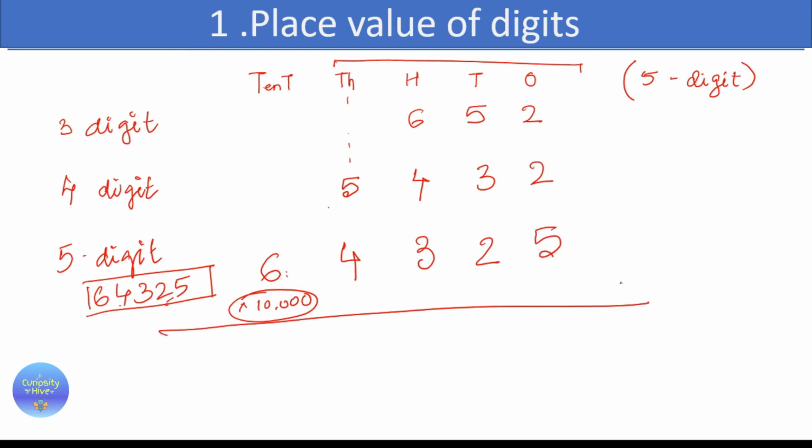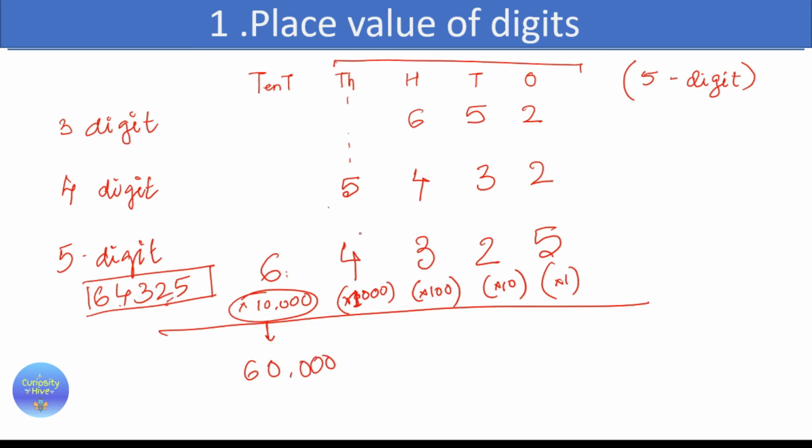So place value is nothing but multiplying each digit with the value of the position it sits at. So let me write the values for each position and then we will see how it goes. For a 5-digit number, it starts with 10,000. So the place value of 6 will be 60,000.